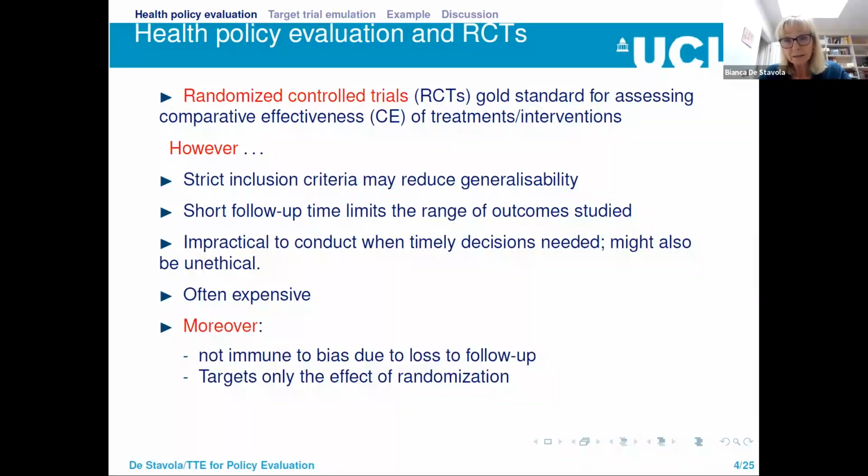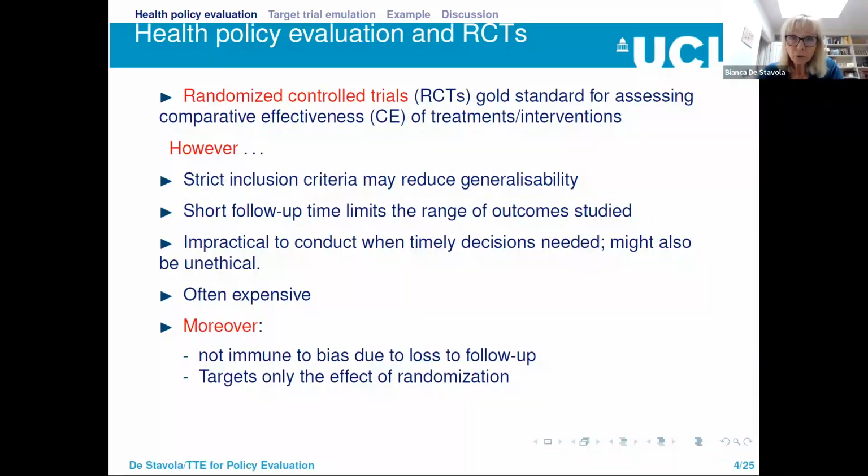One of the biases is loss to follow up, meaning they're not immune to a typical bias of observational cohort studies, for example. And second, an additional limitation of RCTs is that they can only allow us to make causal statements about the effect of being randomized to a particular intervention, not necessarily of having received that particular intervention.